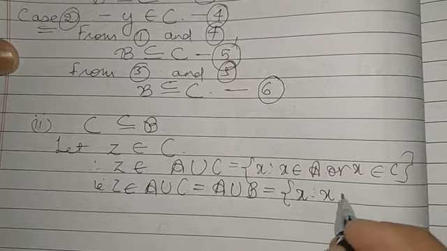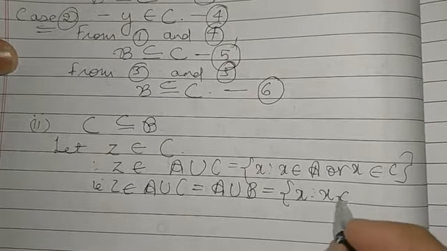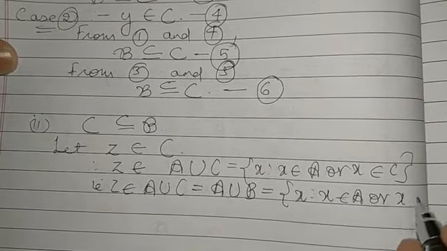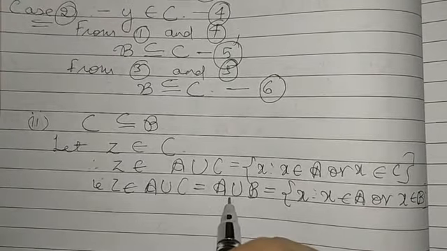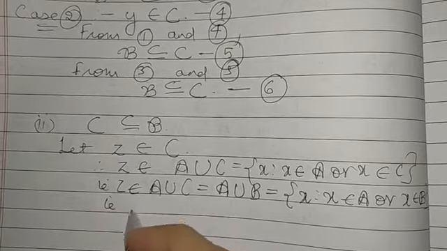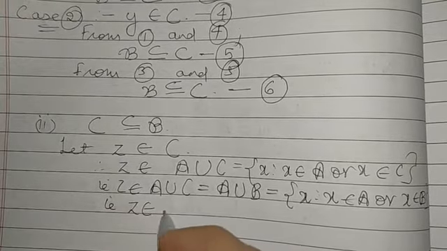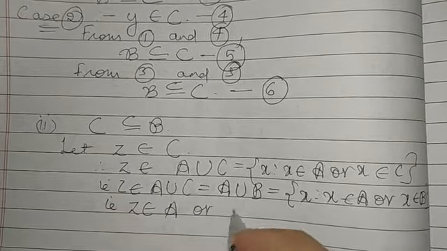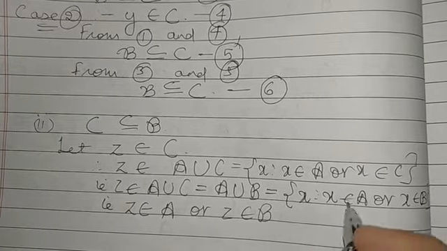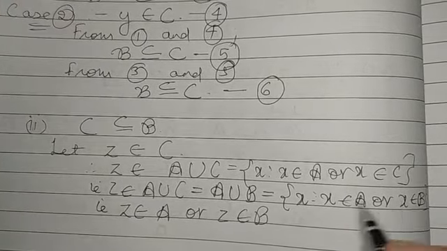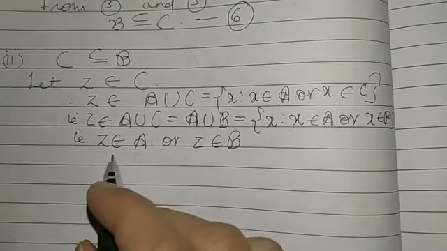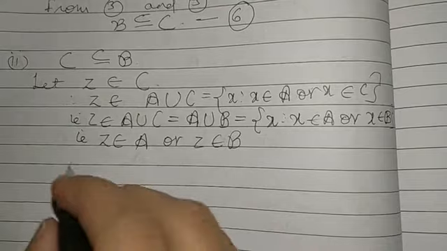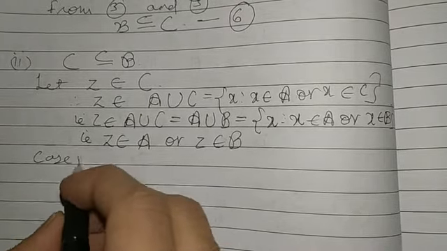Which is equal to X such that X belongs to A or X belongs to B. This is important. So Z belongs to A or Z belongs to B, from here. Now again you have to consider the cases, case 1 and case 2.